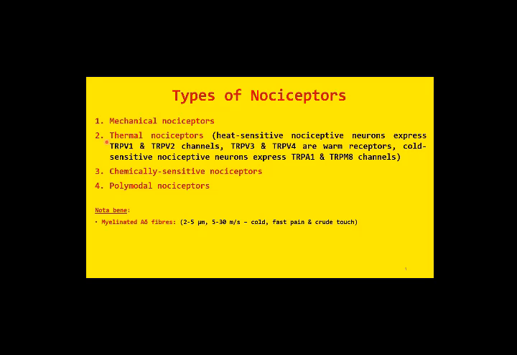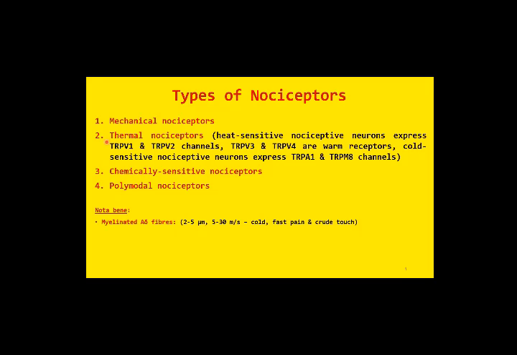So before we move on, there are some important points that you must note down. You must have read the Erlanger-Gasser classification of nerve fibers given in your Ganong's review in your first year. So you have to go back through the pages and review the table again.